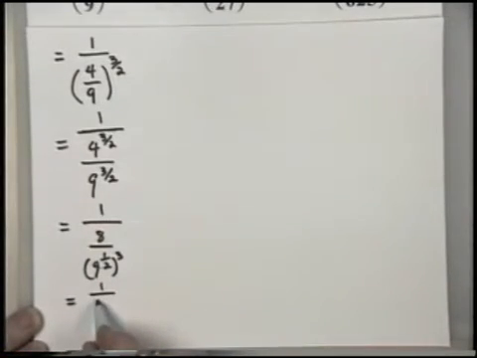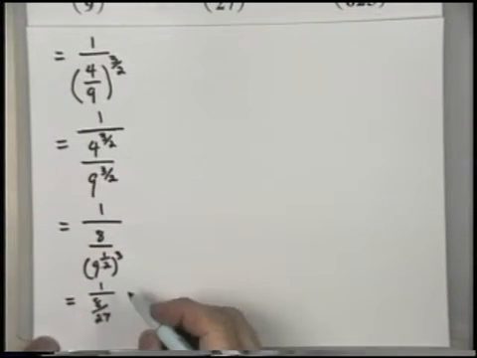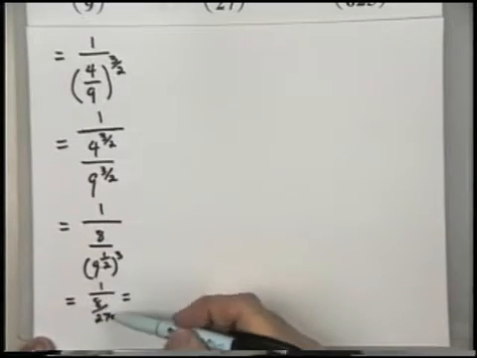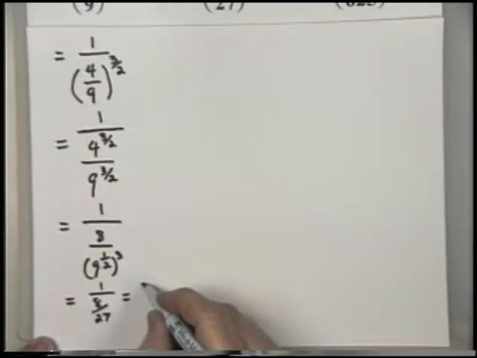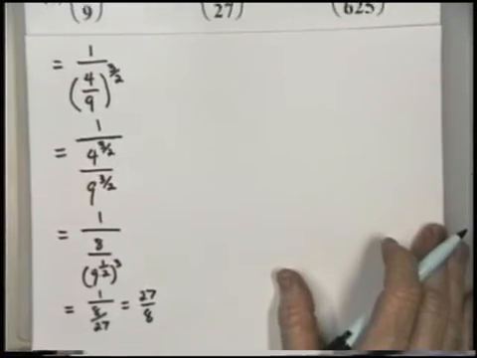So this is 1 over 8/27ths. But of course we're not going to leave it like that. That's a complex fraction. And so if you invert and multiply, or actually you're dividing this, right? You're dividing 1 by 8/27ths, you'll get 27/8.